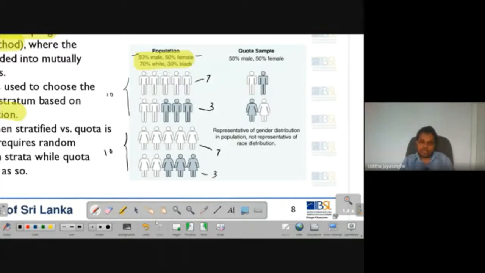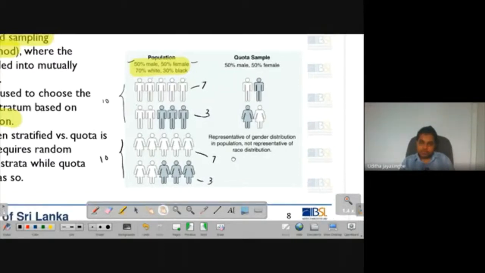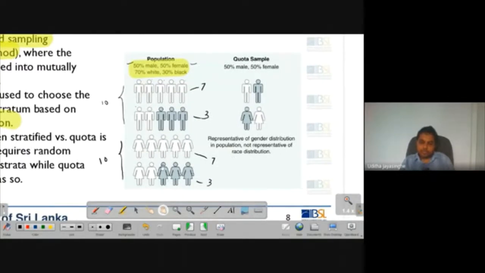Now look at the word mutually exclusive. You don't see these classes occurring at the same time. You can't have it like this. You have to stand in one particular group. Now where are the groups? I can see one group over here. Let me use some different colors for you to be clear.